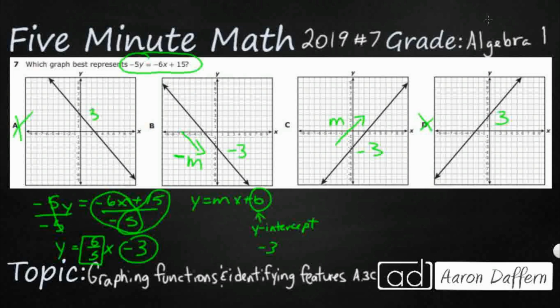Now to double check, I want to find the x-intercept. So the x-intercept, or the 0, is where it crosses the x-axis. So how do we do that? Well, we make y equals 0. So let's just do that right here. Y equals 0. Now I'm going to solve for that x. So let's just add 3 to both sides. 3 equals 6/5 x.